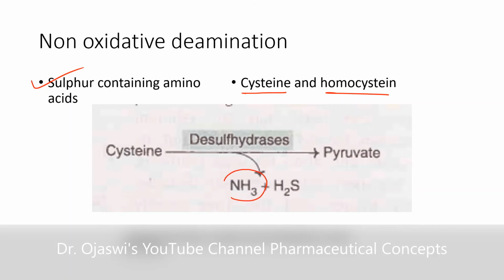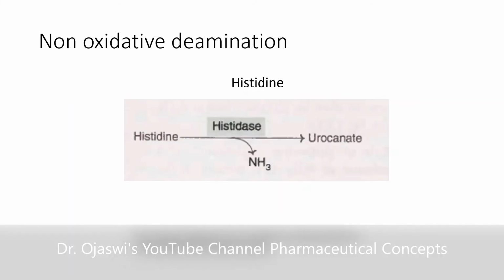So ammonia as well as H2S is removed in the process, and we can see cysteine is converted to pyruvate. The last example we can see is the enzyme histidase. It acts on the amino acid histidine to liberate ammonia by non-oxidative deamination process to form urocanate.